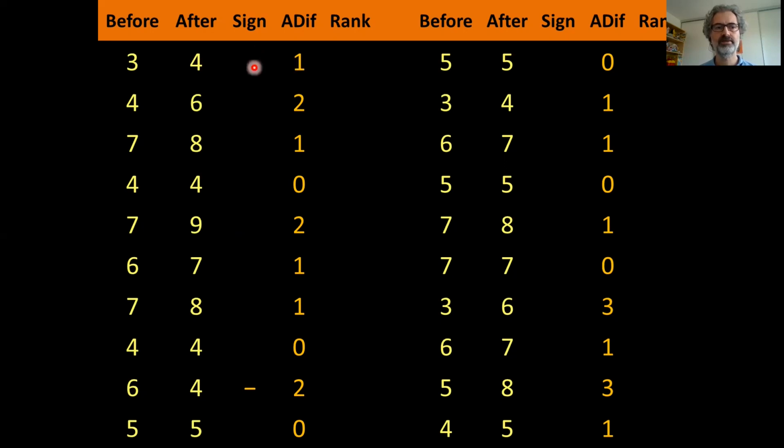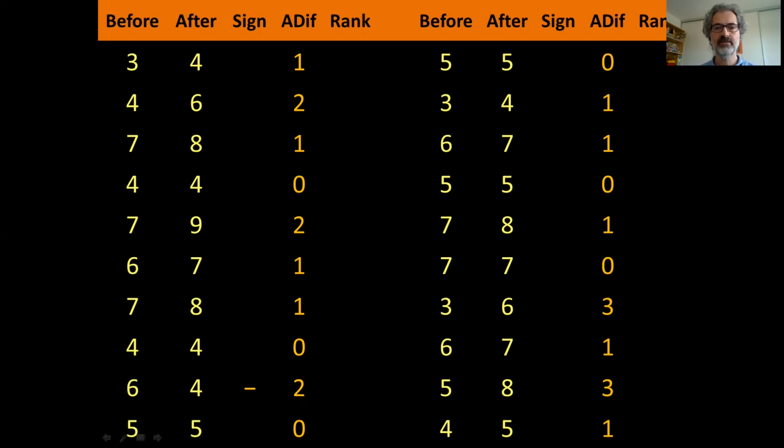So this would be a plus. I don't write anything for a plus. But when this is less, the after score is less than the before score, that is a negative difference. So it's a difference of 2 in absolute terms, and I enter the negative sign here. I'm going to use it, but first I need the absolute value, so how big this difference is.